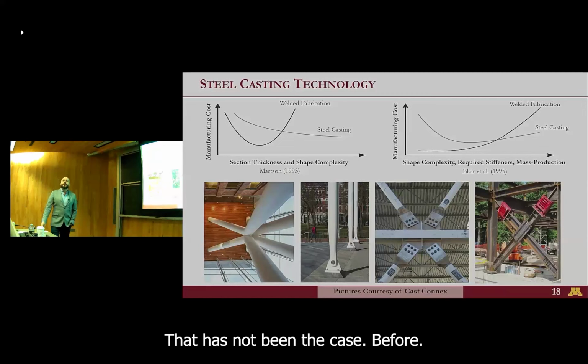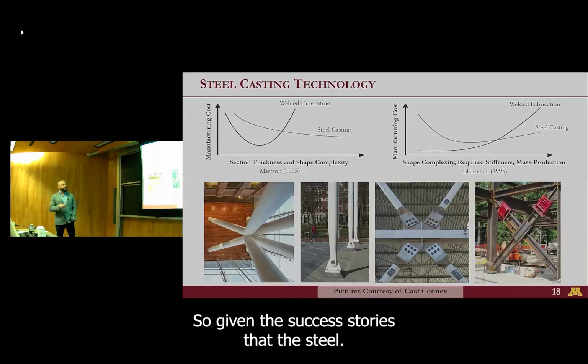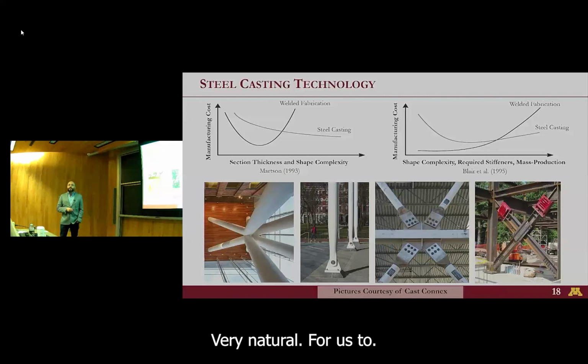That has not been the case before. So given the success stories that steel casting has had, it was very natural for us to eventually go towards a steel casting element as the fuse in EBFs.